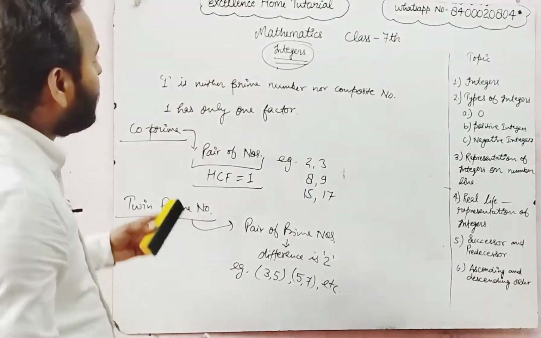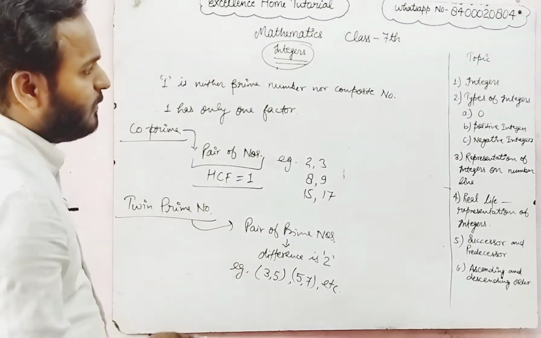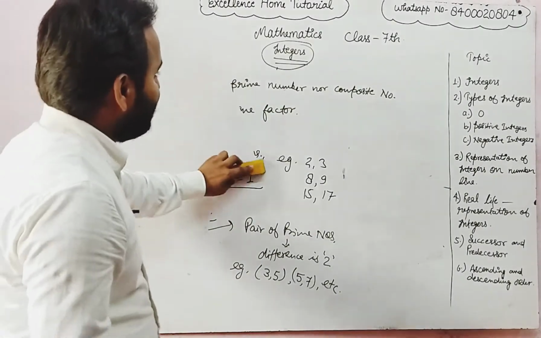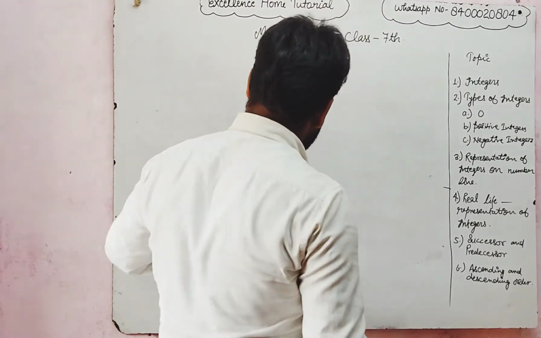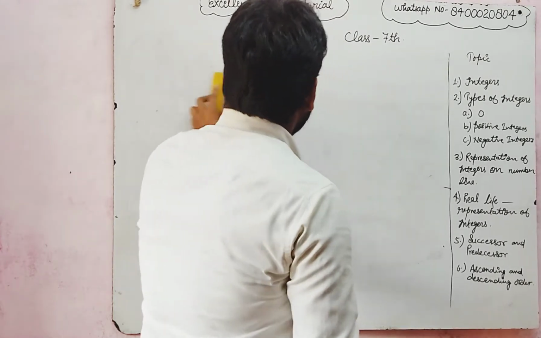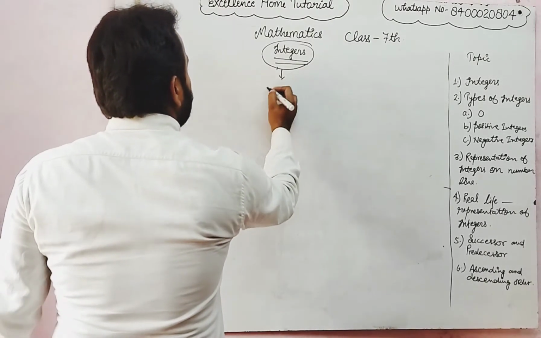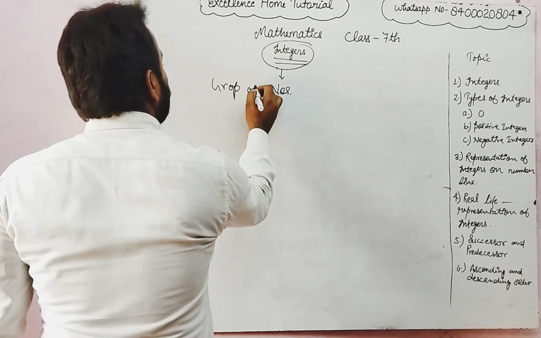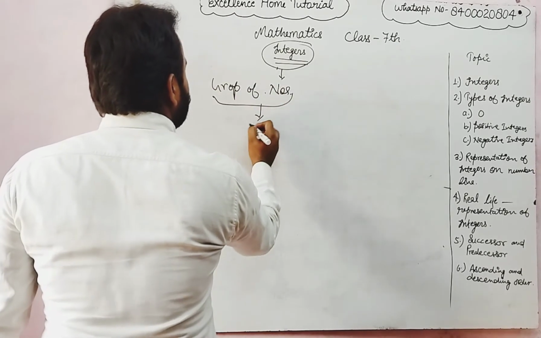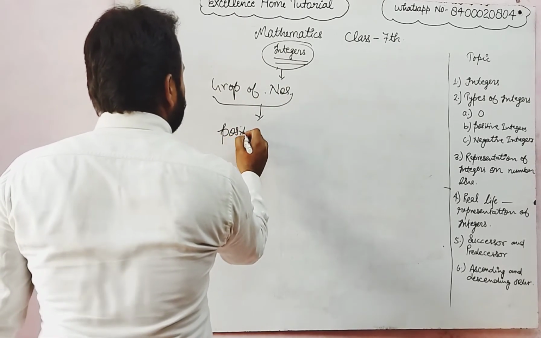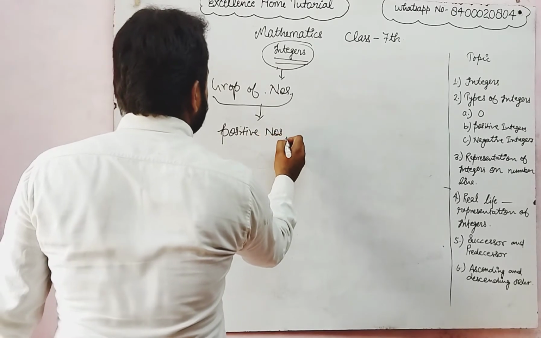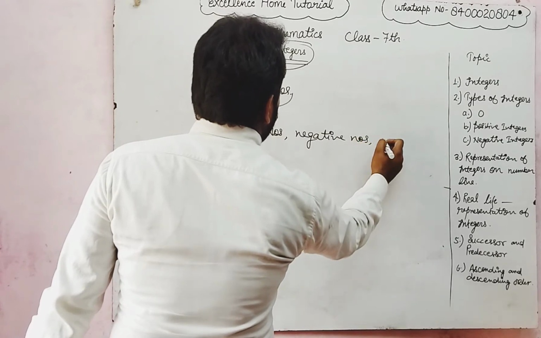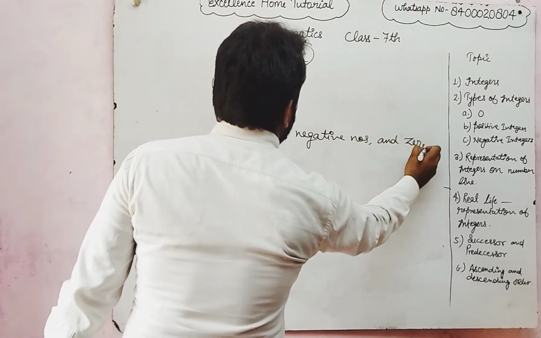After that we will discuss integers. So take a screenshot for your convenience. Let's move on to the next topic, which is integers. An integer is a group of numbers which contains positive numbers, negative numbers, and 0.